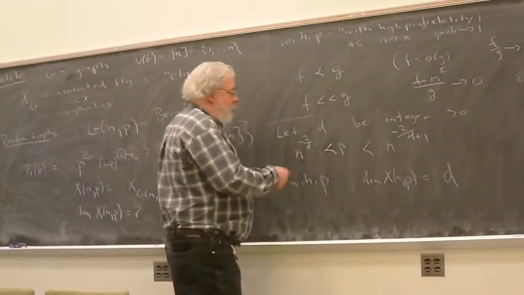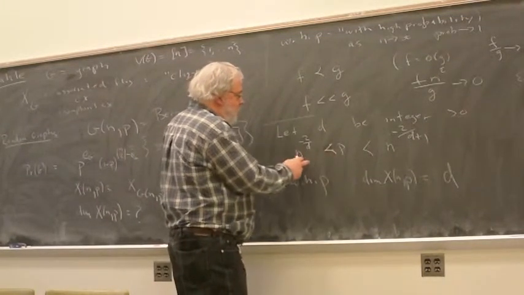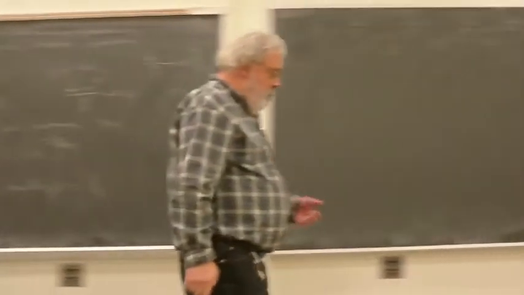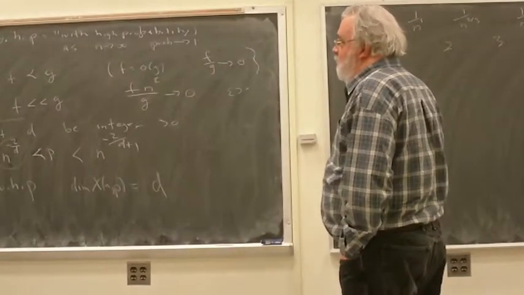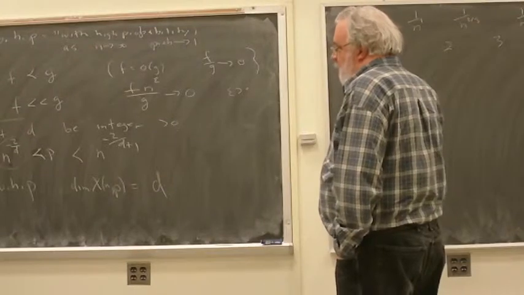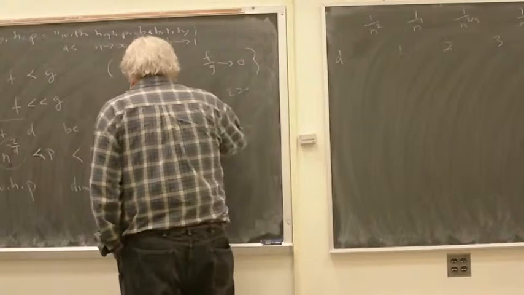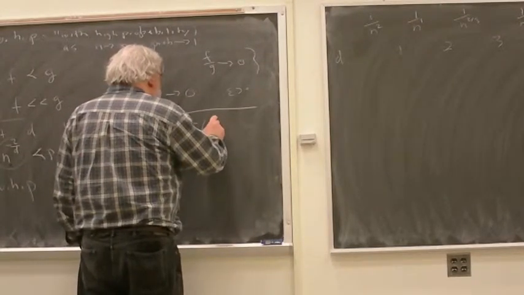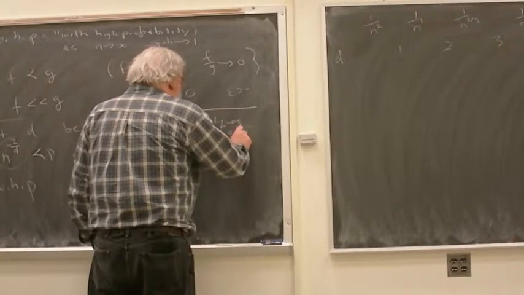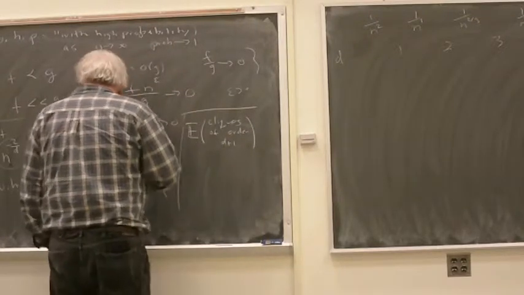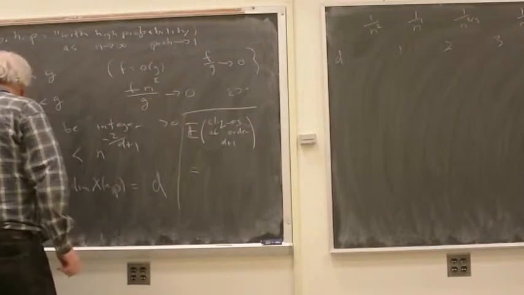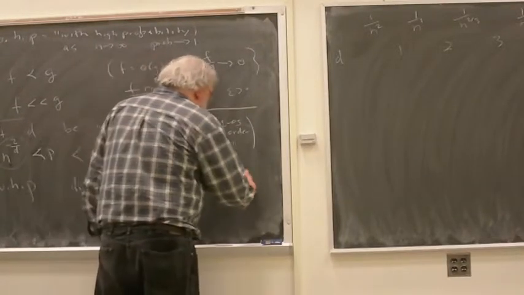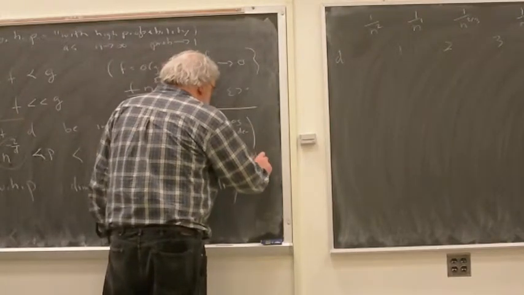Basically, what you really say is that the cutoff for the dimension is this number, n to the minus 2 over d. I went to Matt Gale's course on random graph theory. This is one of the first things you do, one of the few things I can understand. It's based on the expected number of cliques of order d plus 1. The obvious calculation is that you have to pick d plus 1 vertices out of n, that's n choose d plus 1, and then each edge in there has to occur.